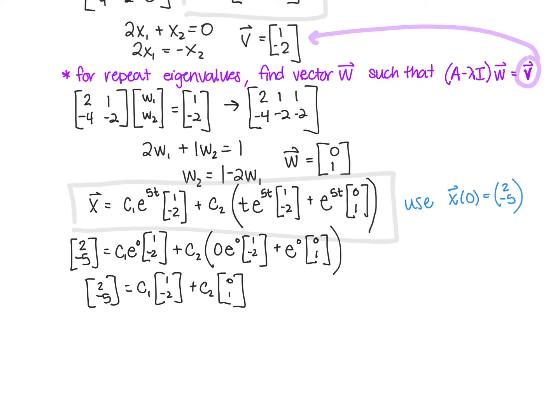We get this system where we have 2 equals C1. That's doable. And negative 5 equals negative 2C1 plus C2, which means C2 equals 1.